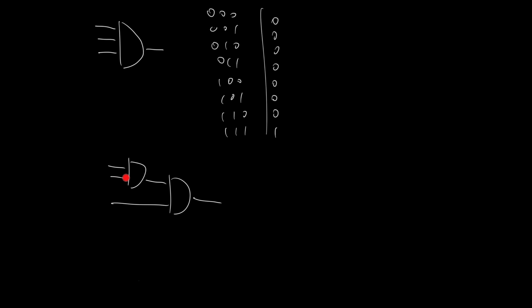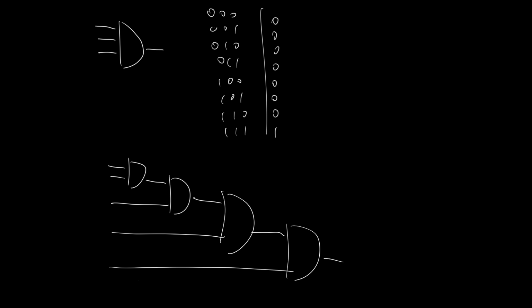So by going backwards like this, we see that the only way for the output to be a 1 is if all the inputs are a 1. So therefore, a 3-input AND gate can be implemented using only 2-input AND gates by cascading them like this. And the same idea works for a 4-input AND gate and for a 5-input AND gate and so forth.